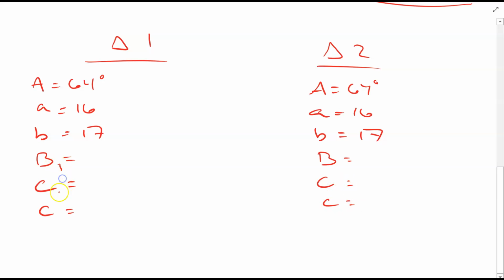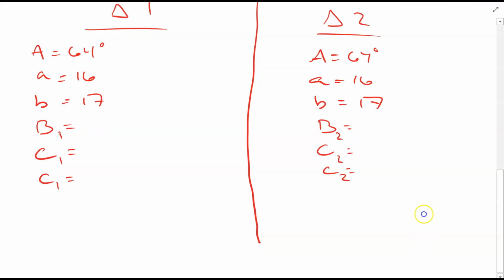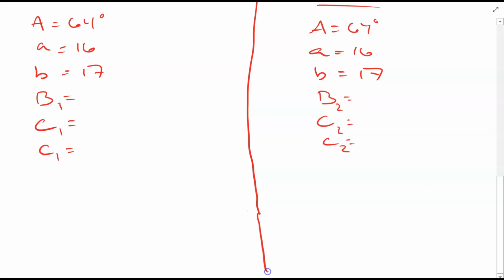Now, just to differentiate these variables, I'm going to put a little subscript 1 and 2 next to these variables to indicate whether it's part of triangle 1 or triangle 2, just so I don't get confused while I'm doing my work here. Because there's a lot of moving parts in this problem, and it's easy to get turned around about what number goes where. So anything I can do to help keep track of that is helpful. All right. So the first thing I'm going to do is solve for angle B in triangle 1.